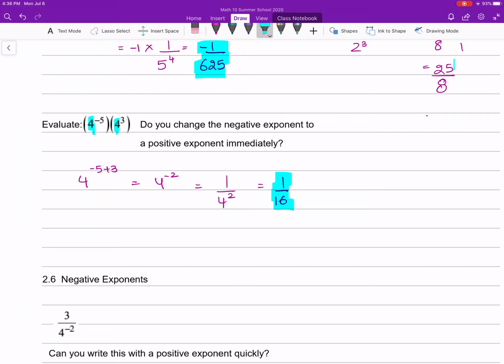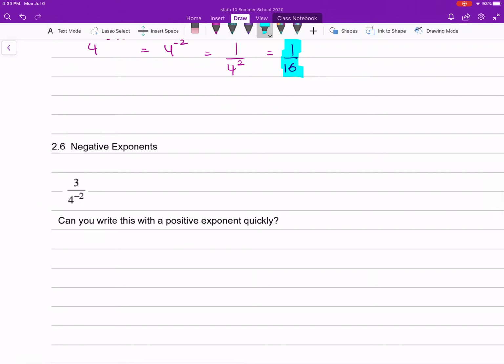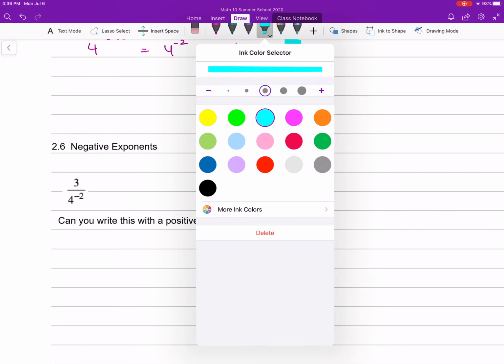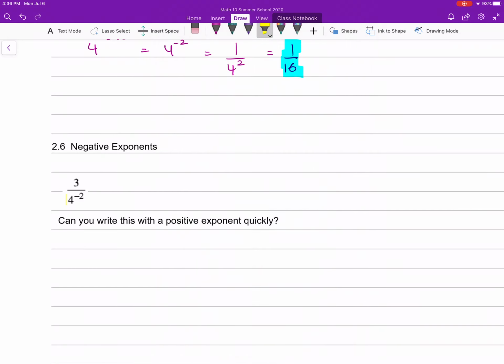Now, you had all these negative exponents, and in order to make them positive, you bring them to the denominator. But what will happen the other way? Now, this is my negative exponent. Here, I have to make it positive. Simple thing, I'll bring it to the top in the numerator. 3 times 4 square. Right?